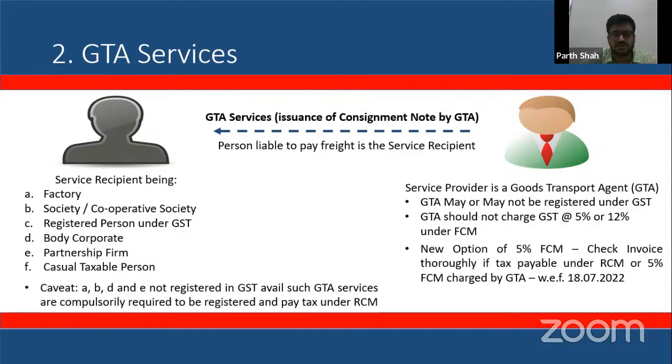Subsequently, on account of certain agitations, certain apprehensions by the GTA sector, what the government did was they introduced one more option, wherein what they said was the GTA can charge tax under forward charge at 12%, and he can claim credit of the input tax he is receiving, or the recipient can continue paying tax under reverse charge, but naturally the GTA will not be eligible for the credits on his own procurements.